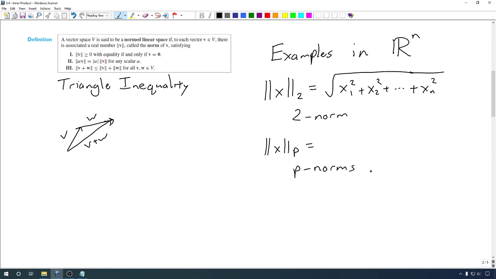So for any p, well, not any p, we need p to be at least 1, and then it can go off to infinity. Any number bigger than or equal to 1 can work. We'll take x1, we have to take the absolute value just in case we're not dealing with a power that's an even integer.